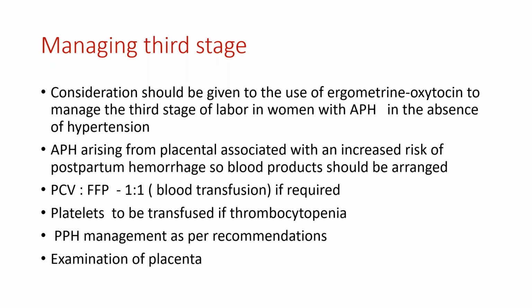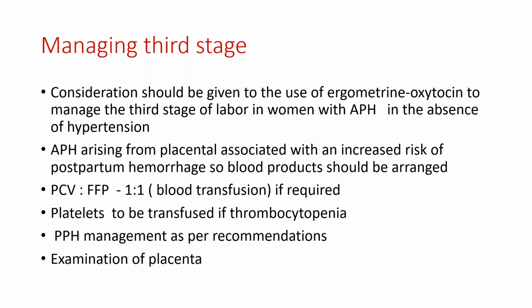Otherwise, regional anesthesia is preferred. Managing the third stage, the patient should be given prophylactic oxytocin and ergometrine to manage the third stage with APH in absence of hypertension. If she's hypertensive, you can give oxytocin only, and if she's not hypertensive, you can give ergometrine along with that.